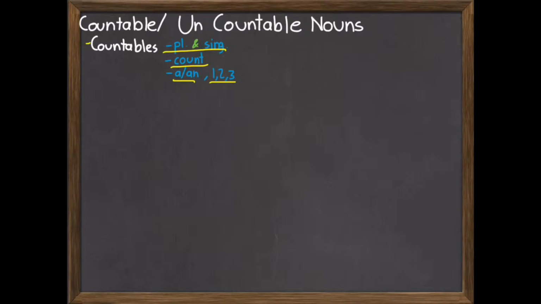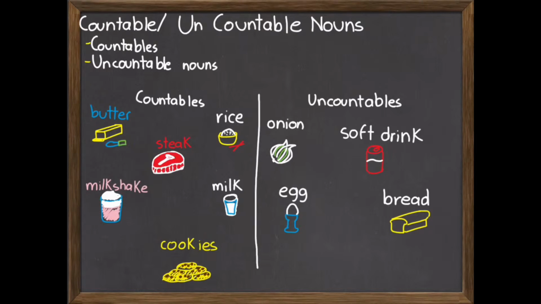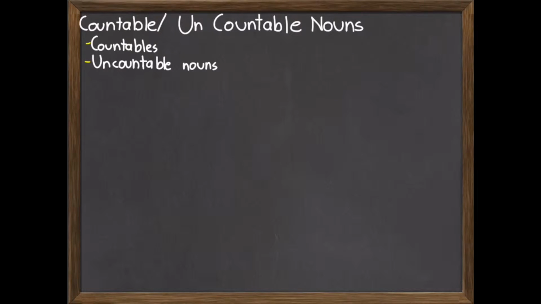Now, in the case of uncountable nouns, we only have a singular form for these, and we cannot count them. We don't use a or an or numbers before these uncountable nouns.